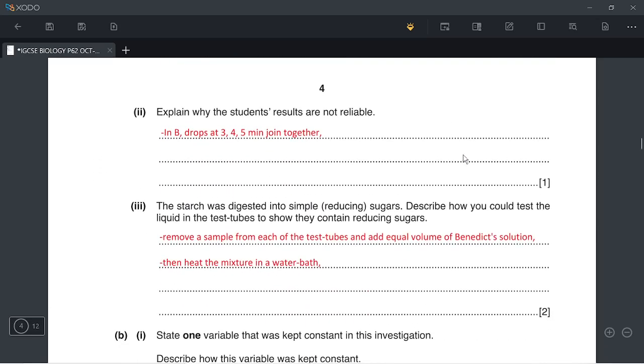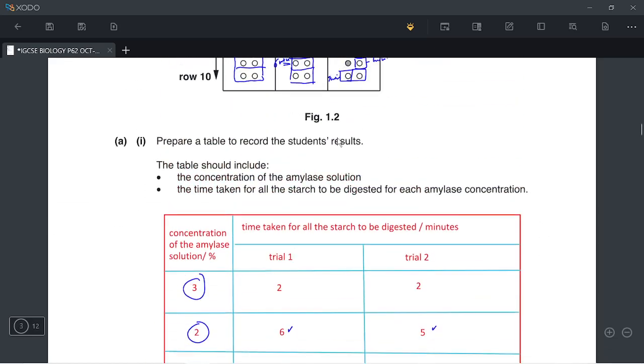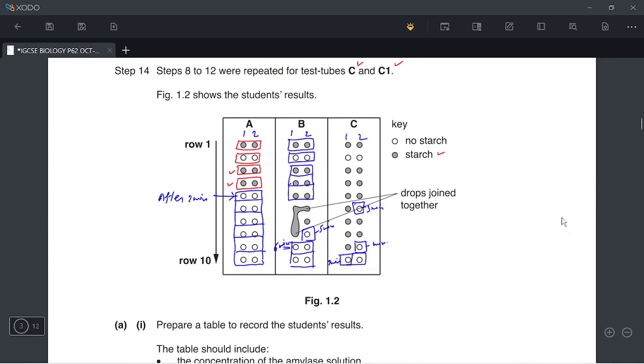Now explain why the student's results are not reliable. Reason: in B you can see the drops at 3, 4 and 5 minutes joined together.